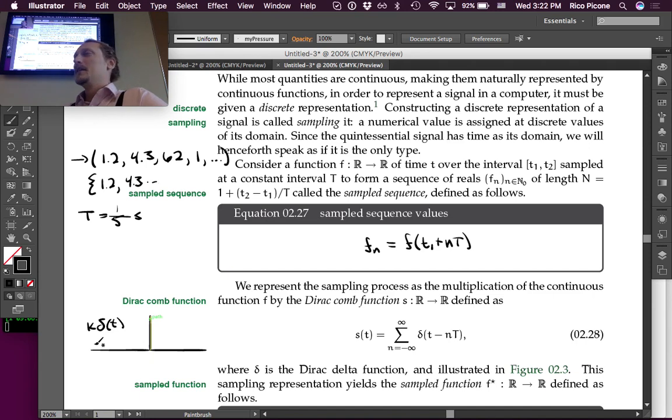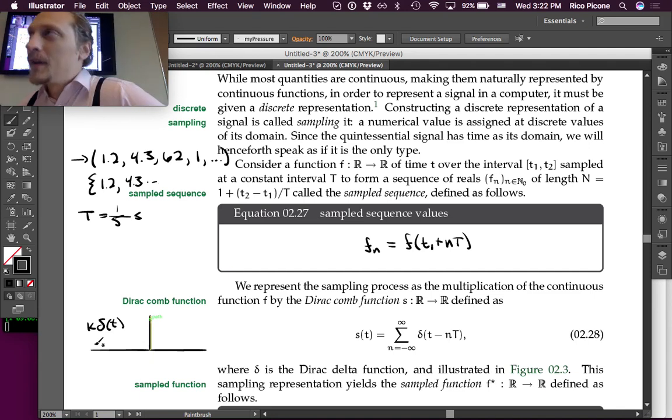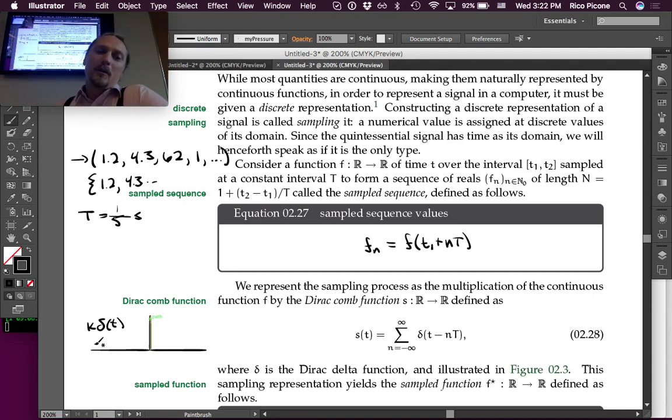So it really only has a strict meaning when it's integrated over. And when it is integrated over, it has a really nice property that we're going to talk about today called the sifting property. So we'll get there.